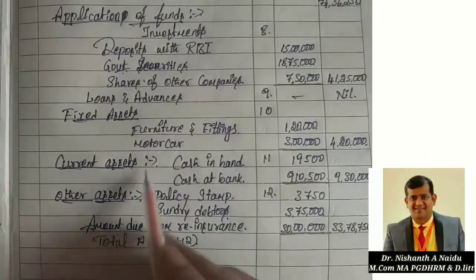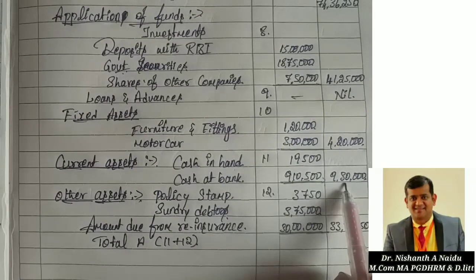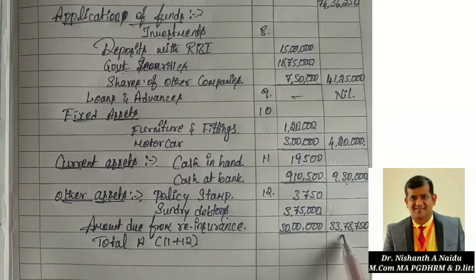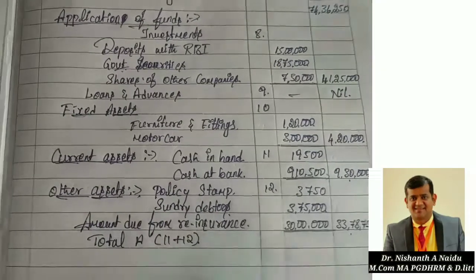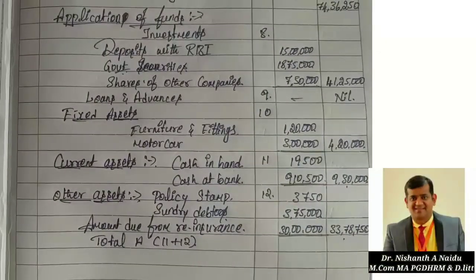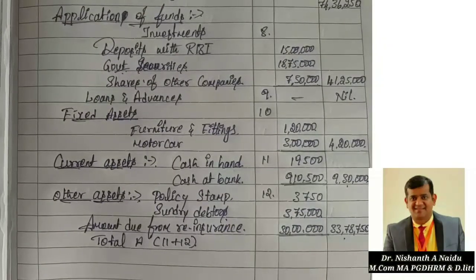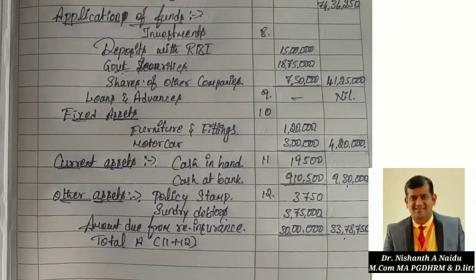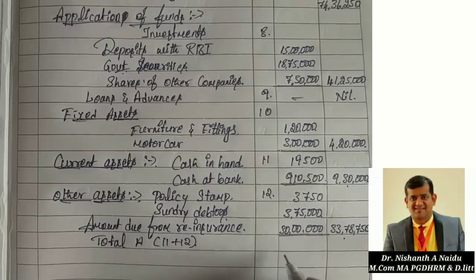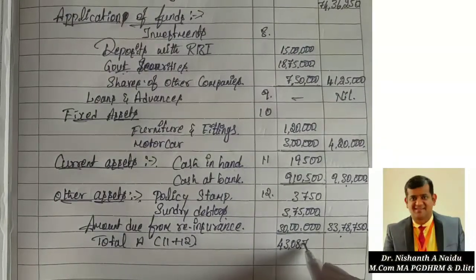Okay. So now let me write total A, that is 11 plus 12. I am totaling only current assets and other assets. Total current assets is 9,30,000. Total other assets 33,78,750. I am adding only these two: 9,30,000 plus 33,78,750 put together is 43 lakh 8,750.